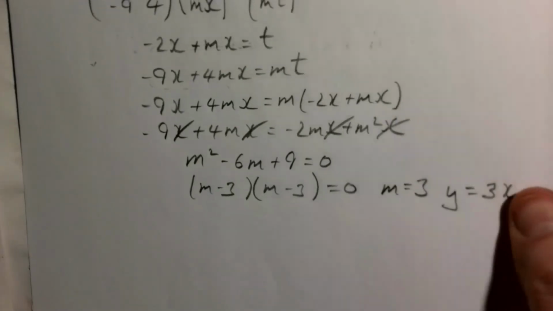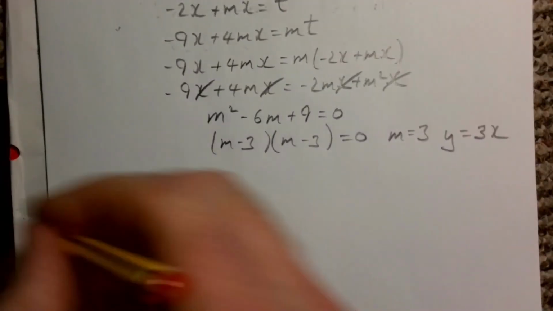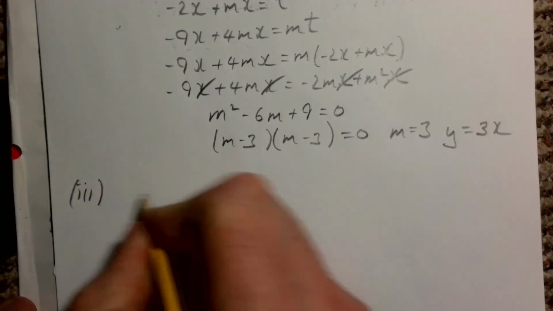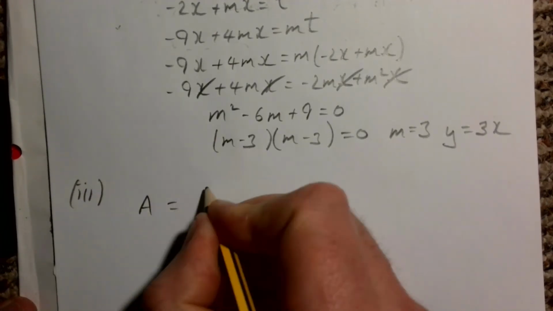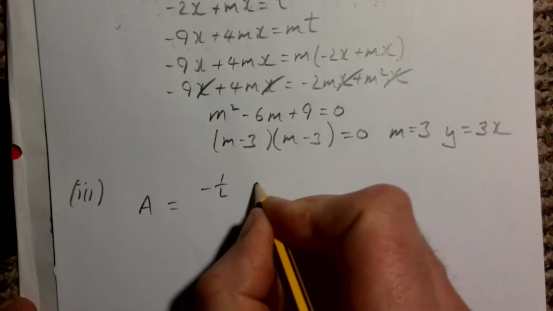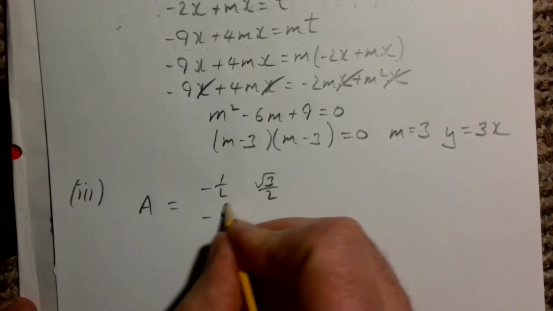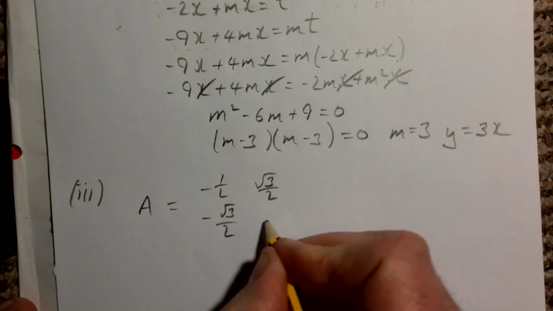On to part B then, describe the transformation given by the matrix. I'll not spend too long on this one. (-1/2, √3/2; -√3/2, -1/2).